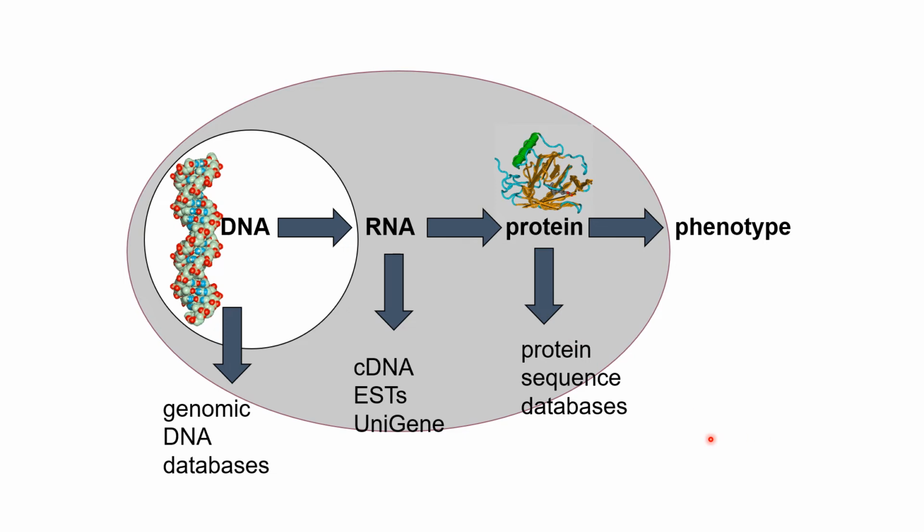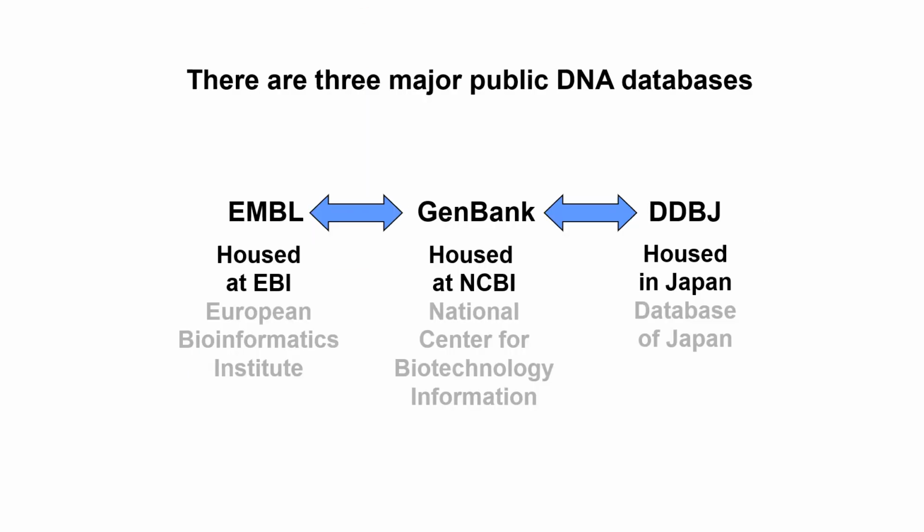Aside from the protein sequence databases, we also have protein structural databases like RCSB. All in all, this information shows us the phenotype, or what is being expressed, what phenomenon is occurring in that cell or in that organism.